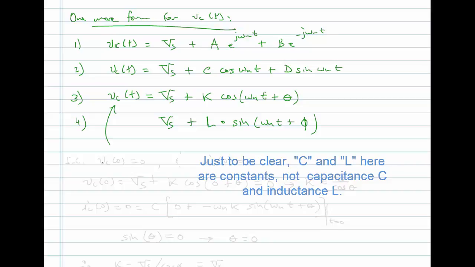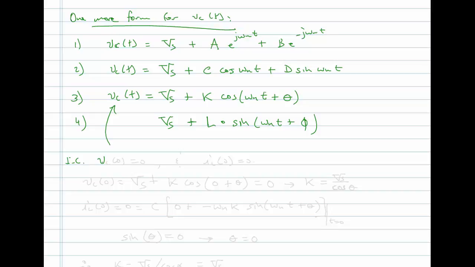So if we have the initial conditions of Vc of 0 is equal to 0 and IL of 0 is equal to 0, then let's plug this time 0 in and see what we get. We get Vs plus K cosine of 0 plus theta is equal to 0. So therefore we get K is equal to Vs over cosine theta.